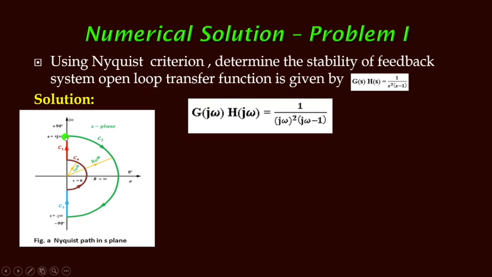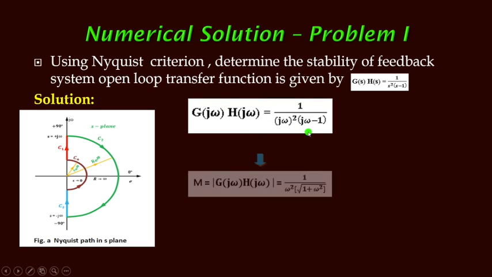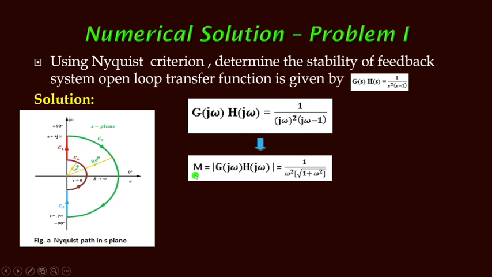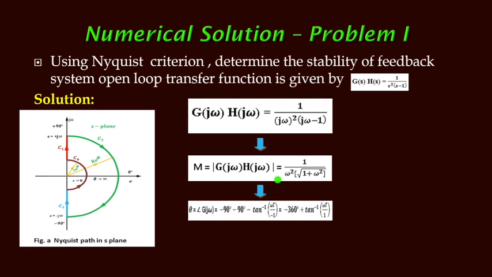For the C1 path, putting s equal to j omega, this is the equation. Then find the magnitude by taking the mod of this. This is the phase angle equation.